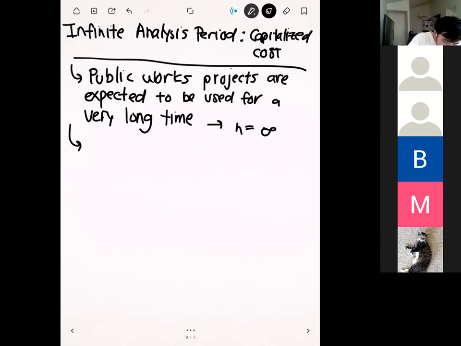Okay, so we have another definition, right? And so let's define capitalized cost.